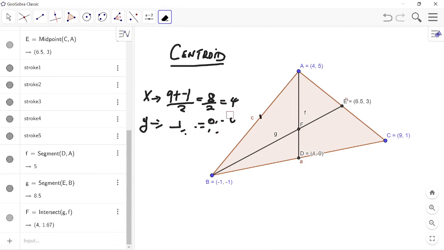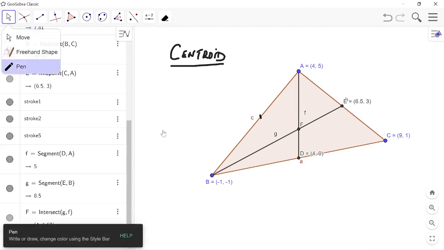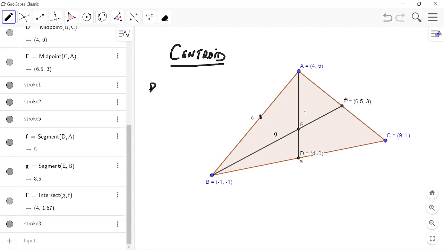Let's see how to go about it. We have said that we are going to use the coordinates to find the equation of the line. So let us start with BE. How do you get the equation of the line BE?